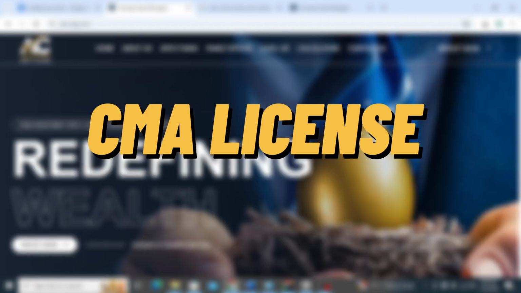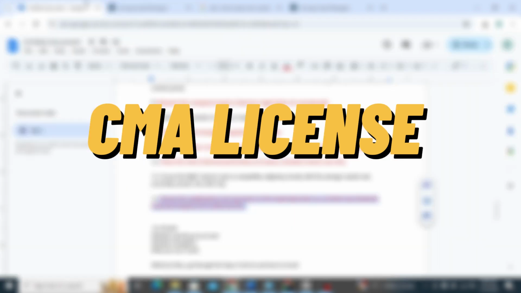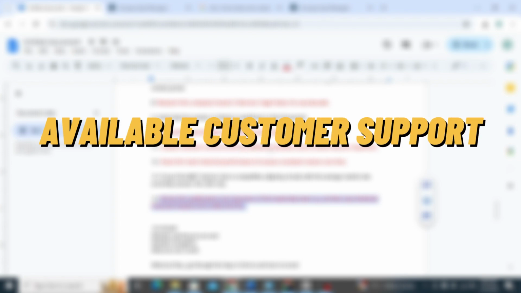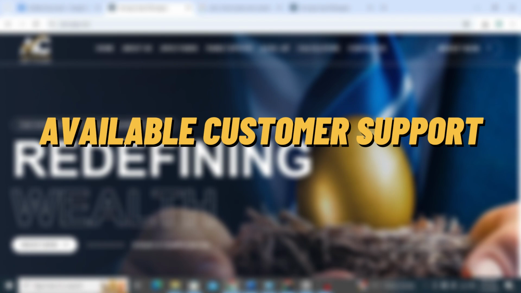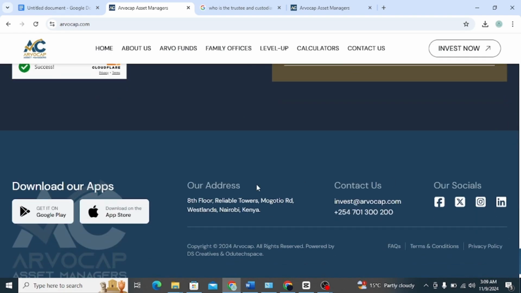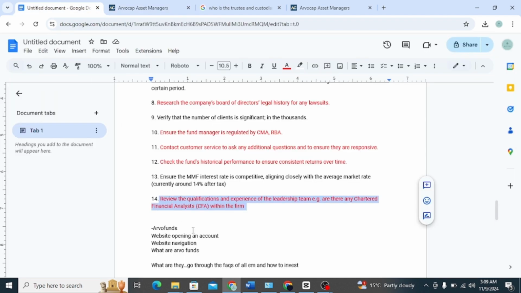But make sure your company is regulated by the Capital Markets Authority so that you know you're dealing with a company that is licensed. And then you can contact customer service to ask any additional questions and to ensure they are responsive. So you just come down here and you're able to look at these contacts and email. If you have any questions, you should be able to access that.